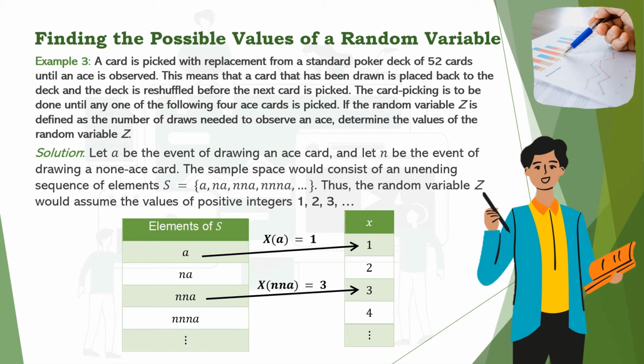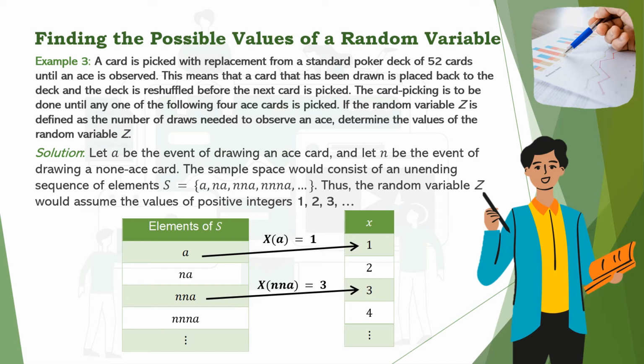Sa madaling sabi, pipili tayo ng isang baraha, ibabalik kung hindi ace, ibabalasa at uulitin ito hanggang sa makakuha tayo ng ace. Ibig sabihin, palaging kompleto o hindi bawas ang barahang pagpipilian natin.